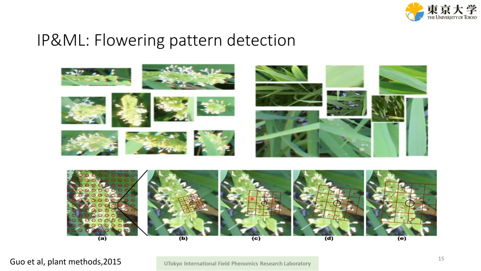Initially, we really wanted to detect those small anthers from the panicles, but it was very difficult for us. So alternatively, we changed our idea to detecting the flowering pattern from the whole images.